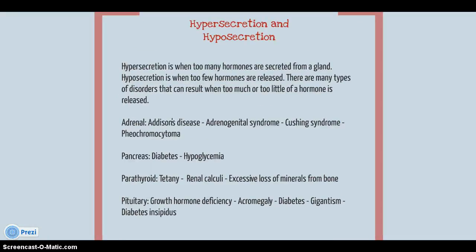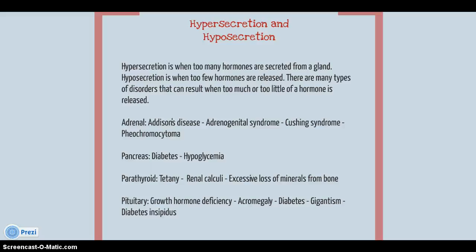Now we have hypersecretion and hyposecretion. Hypersecretion is when too many hormones are secreted from a gland, and hyposecretion is when too few hormones are released. There are many types of disorders that can result when too much or too little of hormone is released. In the case of adrenal glands, we have Addison's disease, adrenogenital disease, Cushing syndrome, and pheochromocytoma.